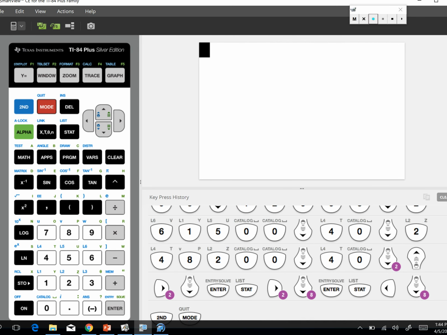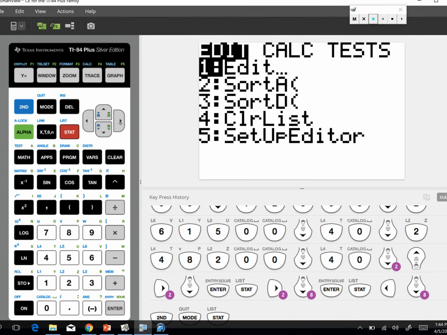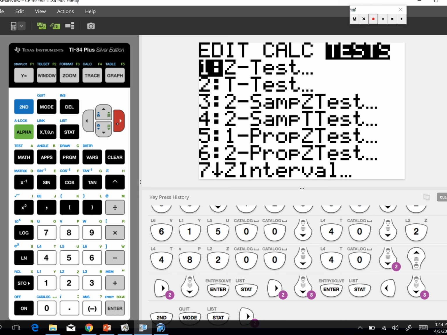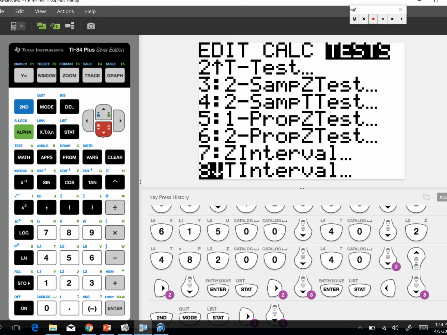The technology steps are starting on page 497. We go to Stat. We go to Tests. Now this time, actually just let me arrow down a little more so I can get both options on the screen at the same time. There we go.